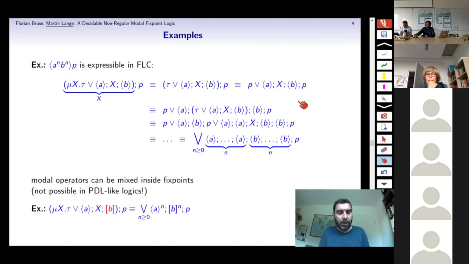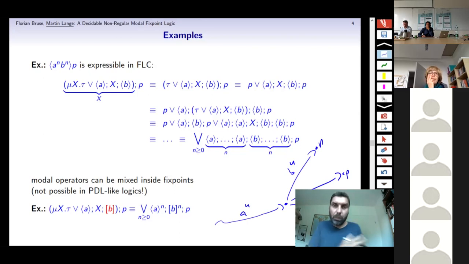And what we'd see is that this expresses something like: there is a path of the form a^n for some n to some state, such that all paths of the form b^n end in a state satisfying p. This is something you cannot do in these PDL-like logics, where you couple a context-free language with a single operator. It's all diamond or all box, but you can't combine them in this way.